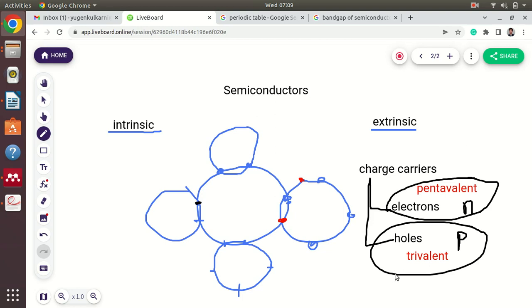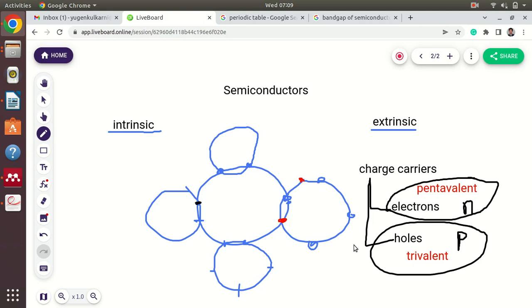So what is the role of these semiconductors? Why do we use them? Just by doping, and this doping is very small. If there are 1000 atoms, we just add one impurity, and this changes the conductivity so rapidly.